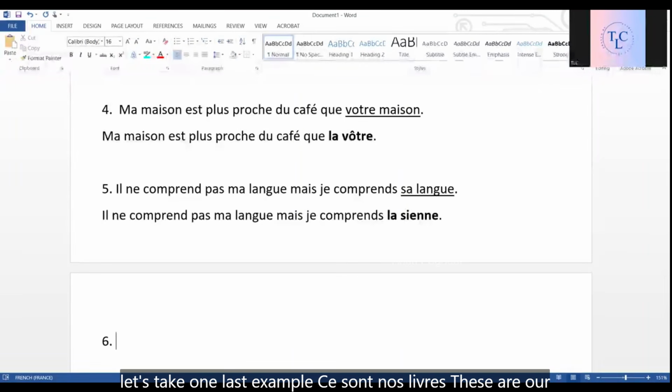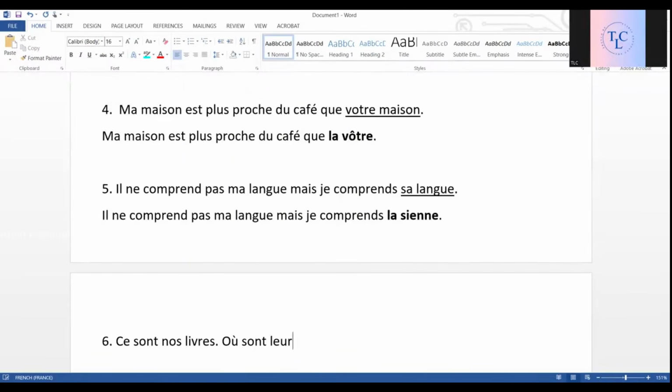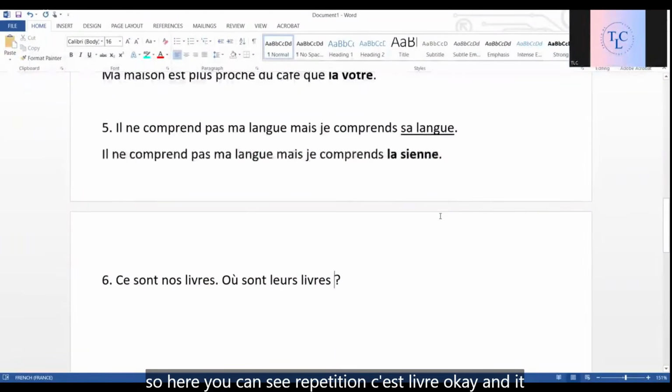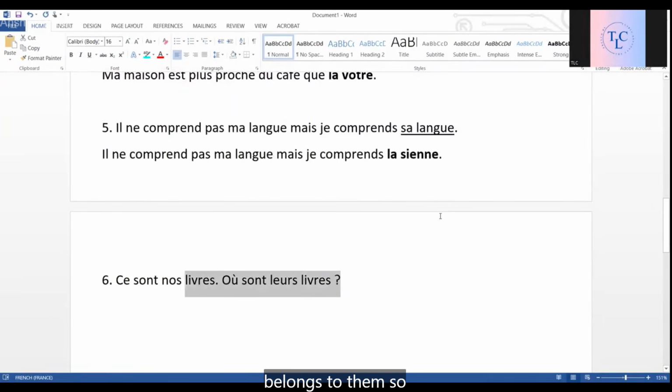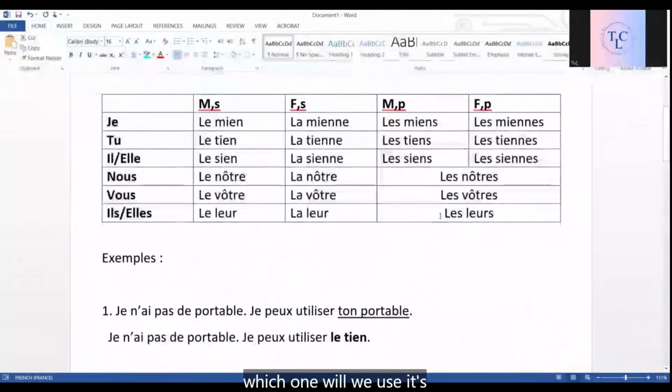And let's take one last example. Ce sont nos livres. These are our books. Where are their books? So here you can see the repetition, c'est livre. And it belongs to them. So which one will we use?